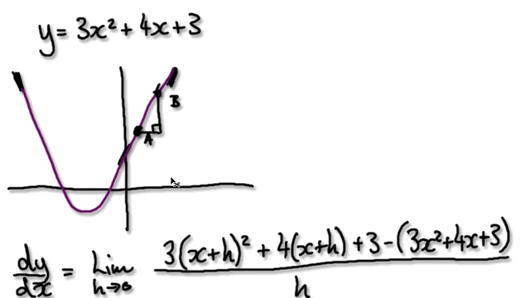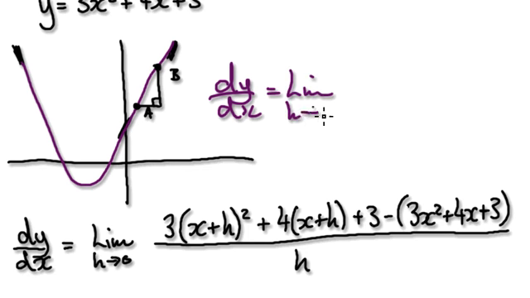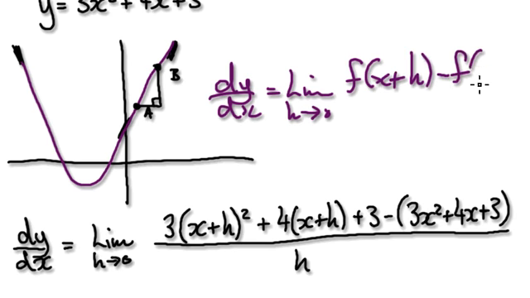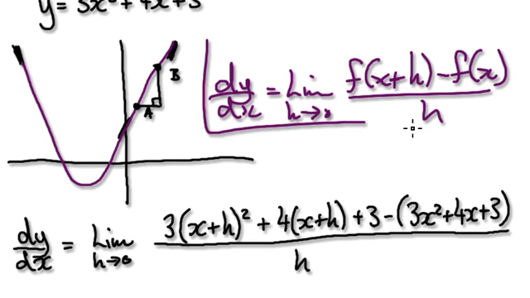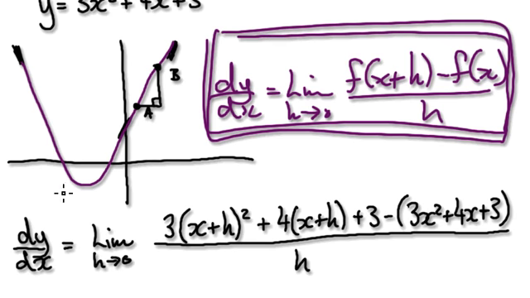So in the past, for us to evaluate the dy by dx of this thing, we would have to follow this whole process. Remember this? dy by dx equals the limit as h tends to 0 of f of x plus h minus f of x, and then divided by h. So we always rely on this to work out the gradient of something.